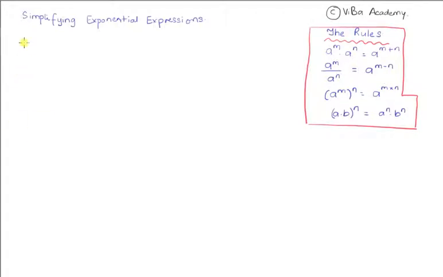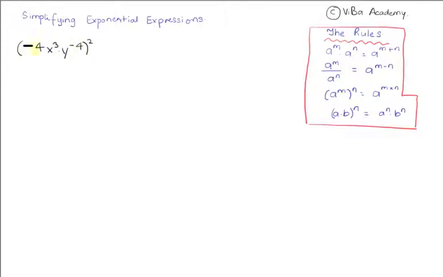I'm looking at negative 4x cubed times y raised to negative 4, all of this squared.